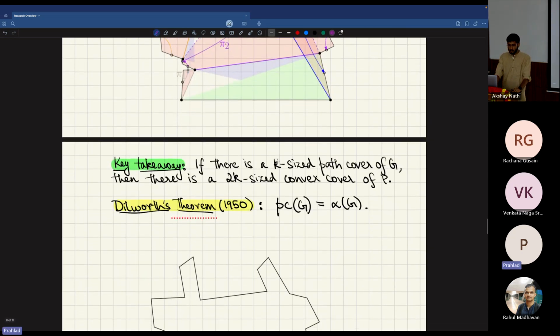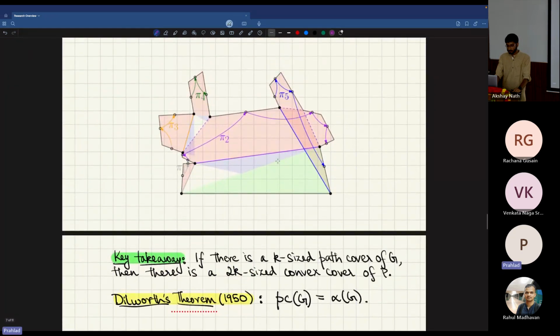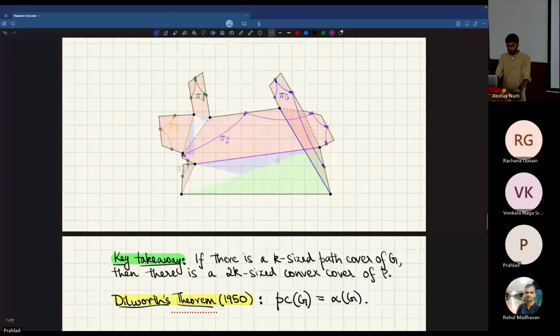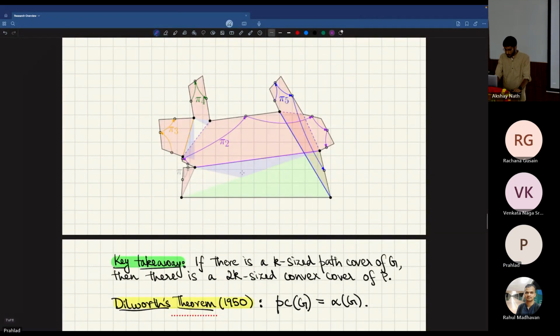Yes, for each path in the cover, you have 2 polygons. So the blue one you can essentially append to the red one and still make sure that it's convex. The green one, we couldn't figure out how to do it.